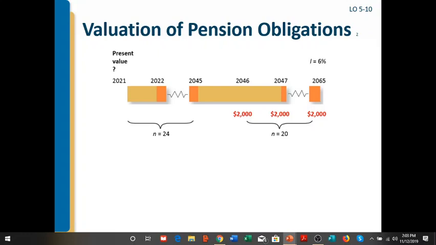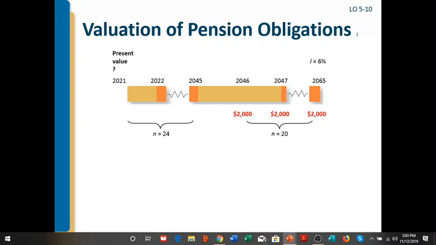First step is you have to figure out the present value of the $2,000 annuity for 20 years. And so here the interest rate assumed is 6% that they'll be earning.